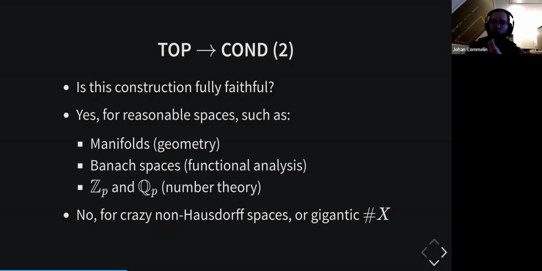But if you start with a topological space underlying a scheme, so something that is non-Hausdorff, or you start with something that has a tremendously large cardinality, then the construction will not be fully faithful.